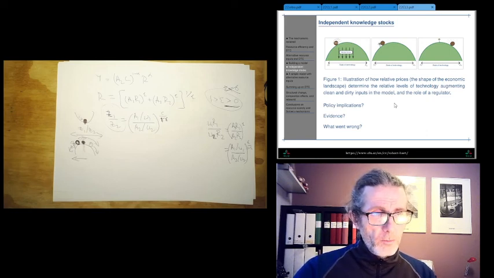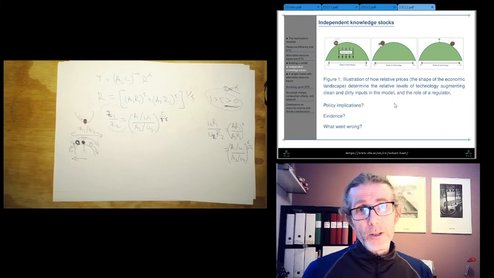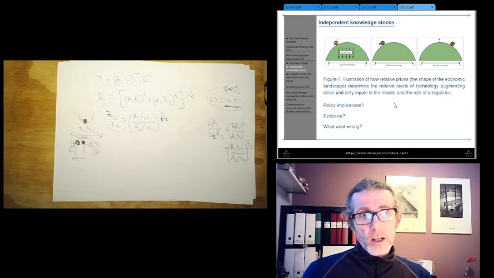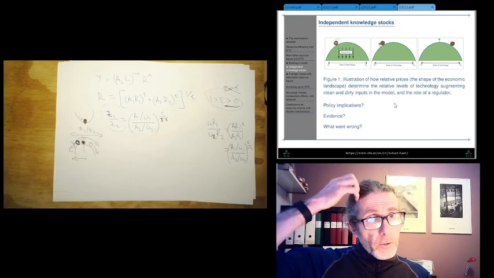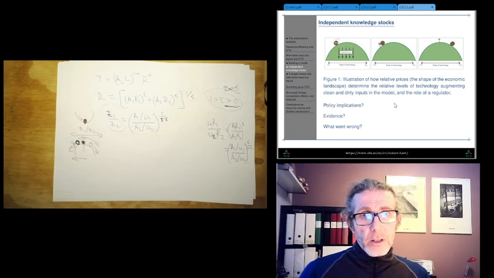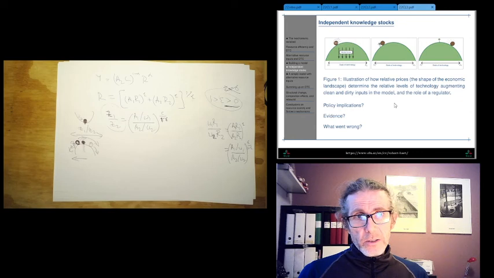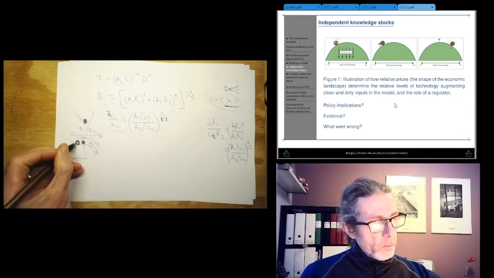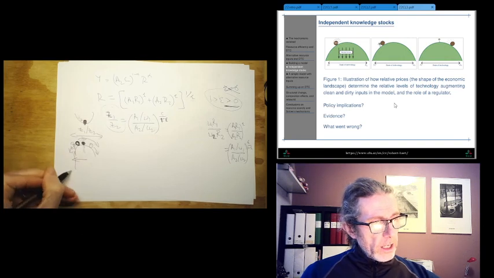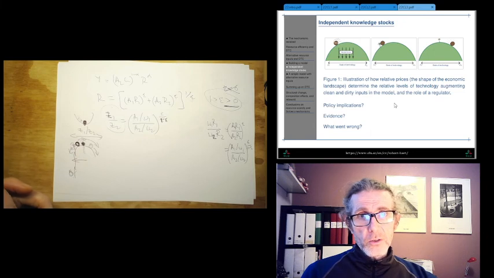The problem again is that the independent knowledge stocks model doesn't make sense. If we think of fossil fuels and clean energy sources, for instance, we've had fossil fuels for the last 100 years dominating energy supply. So according to the model, then we should be way down here, and it should be incredibly hard to switch to other energy sources.